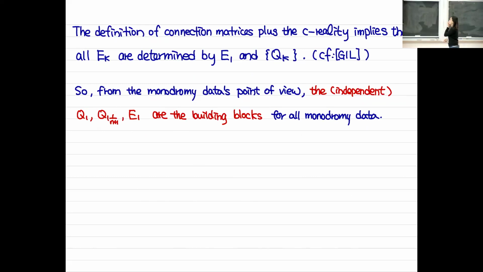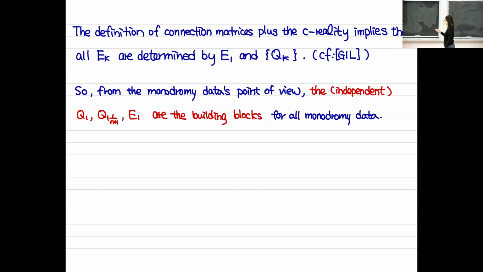The definition of the connection matrices and the reality conditions imply that all the EK are also determined by E1 and QK. So from the monodromy data's point of view, the building blocks for our monodromy data are just Q1 plus 1 over n+1 and E1. That should tell us all the things that we want to know, plus symmetries, right?